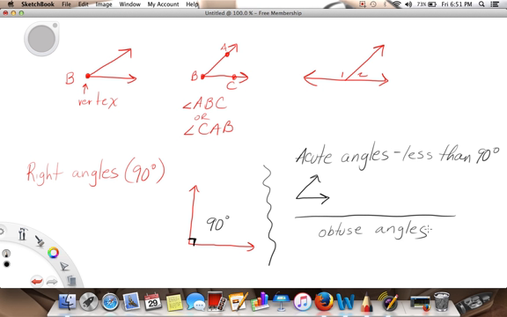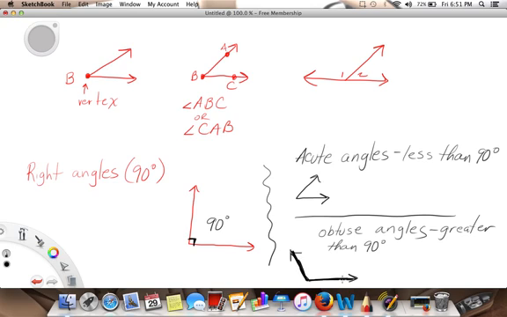And obtuse angles are greater than 90 degrees. Obtuse angles might look like this. They extend beyond 90 degrees. Once again, we're going to pretend that this is a straight line for the sake of time.